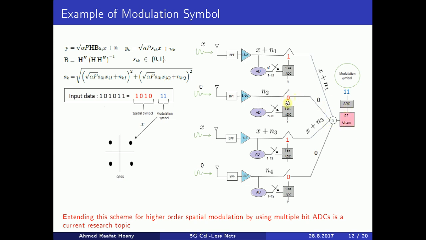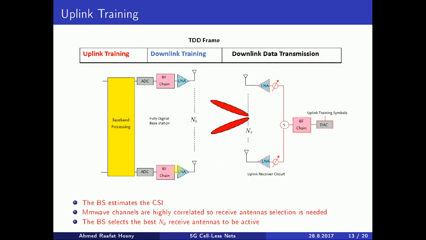Otherwise, if the spatial bit is 0, the noise will be rejected. After that, all the signals here will be summed and go to the RF chain and the ADC in order to detect the modulation symbol. In this way, we can recover the spatial and the modulation symbols.